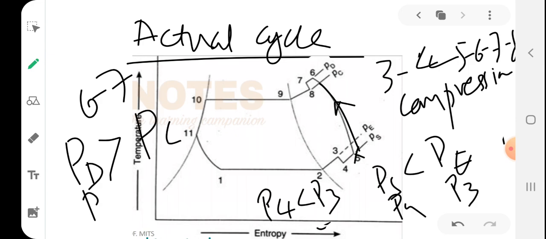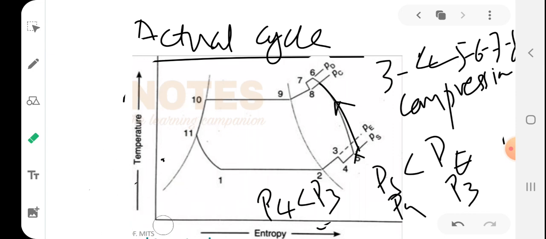That is, P7 will be greater than P8. Correct. Due to the frictional resistance to flow through the discharge valve, there is a pressure drop. The actual discharge pressure PD will be greater than the condenser pressure PC.